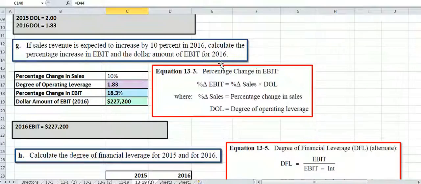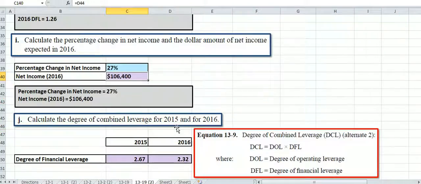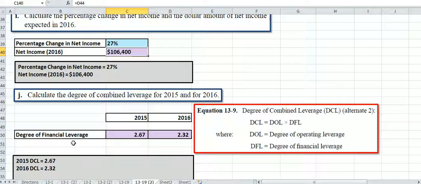Okay, we're almost done here. So that's that, and then J. Calculate the degree of combined leverage, and that's just combining the operating leverage and the financial leverage by multiplying them together, and we get this. So that's just looking at the degree of combined leverage.